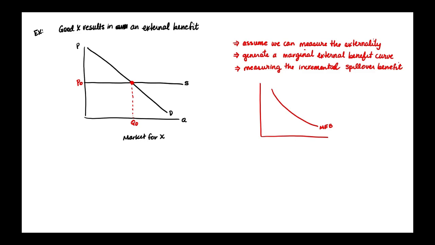So now what I'm going to do is add a diminishing marginal external benefit curve like that. And if yours is linear, that's fine. It's not going to matter.